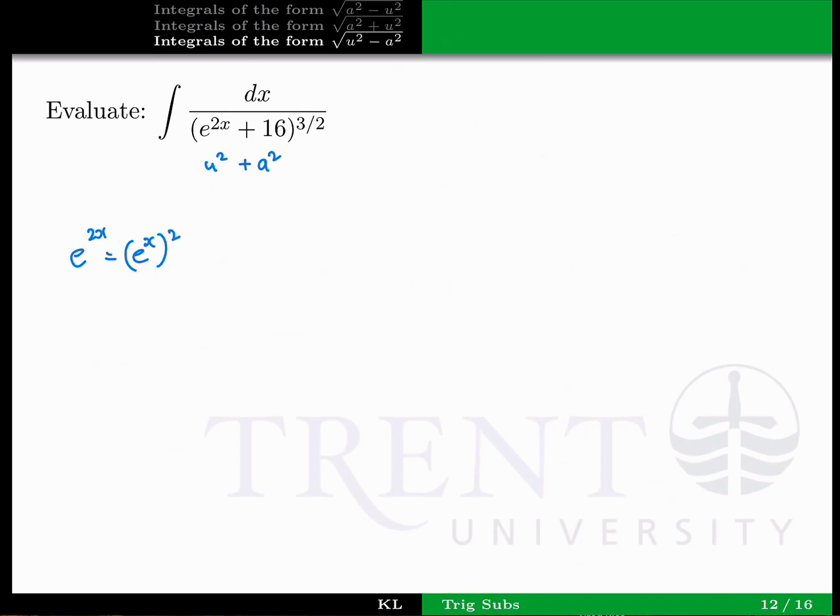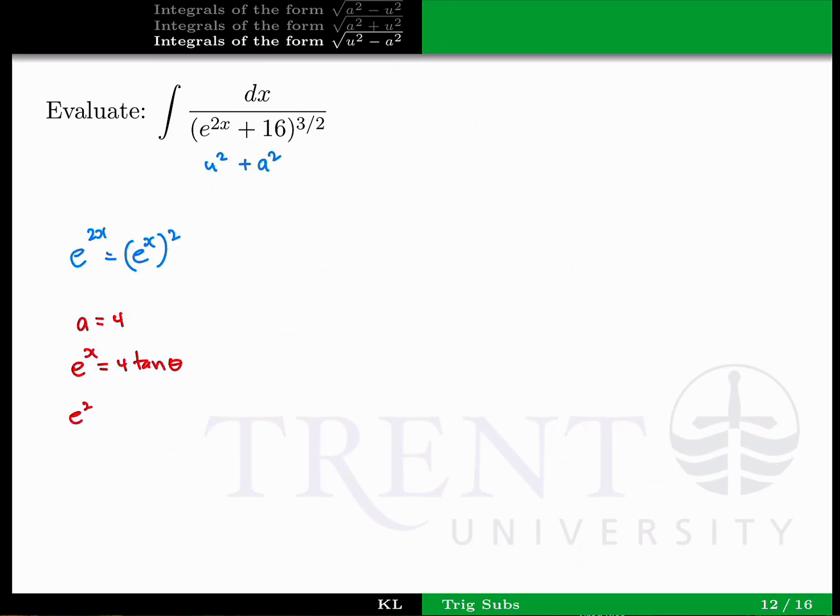Our a will be equal to 4. So here a equals 4.